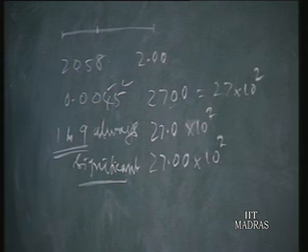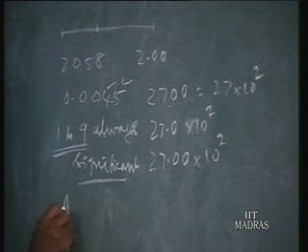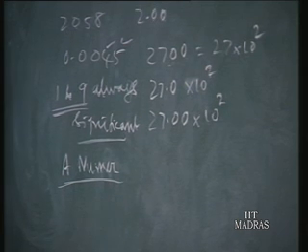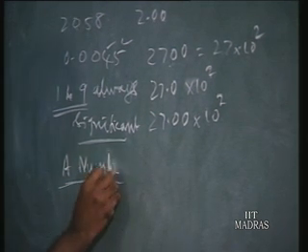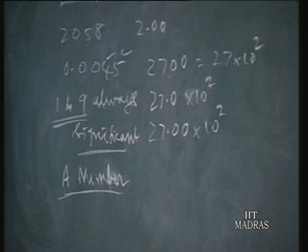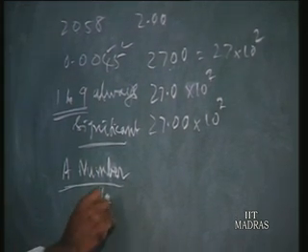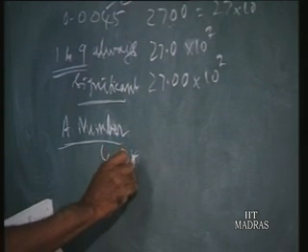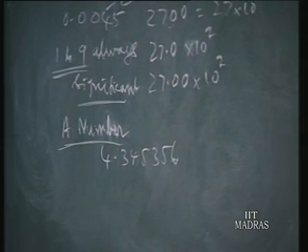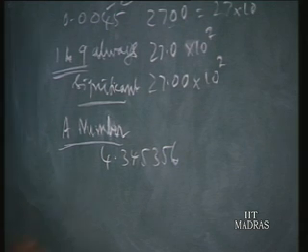Now, rounding off. Rounding off of a given number. Suppose a number is there, a given number. How is the rounding off done? Suppose we have a number, 4.345356, and we want to round it off.